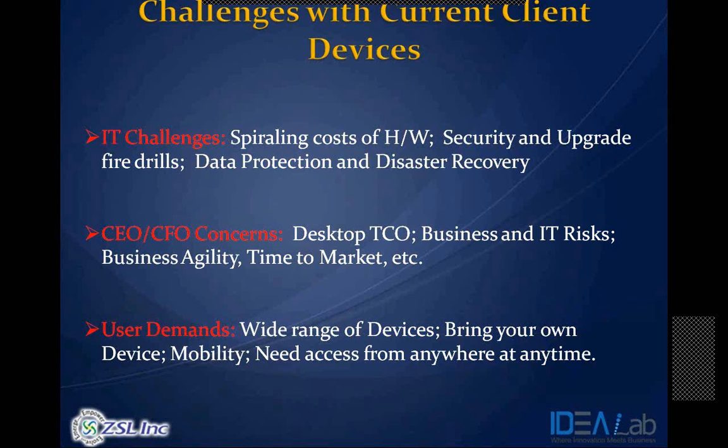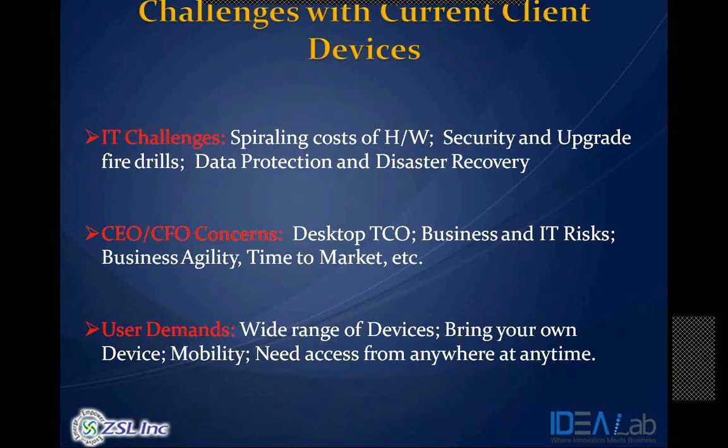In addition to the challenge coming from the IT department, there is, of course, pressure coming from the CEO and the CFO. They're looking at the whole total cost of ownership for desktops, and they're asking the CIO, how can we reduce this? And this is just going through the roof.